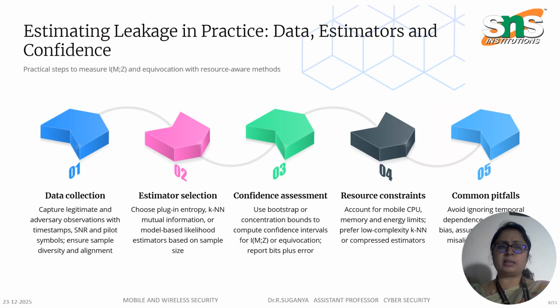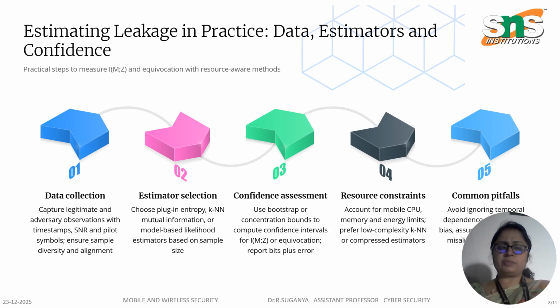Now, how data, estimators, and confidence work, like leakage in practice. First, how we collect the data, how the estimator is chosen, how the confidence assessment happens, what the resource constraints are, and what the common pitfalls are.